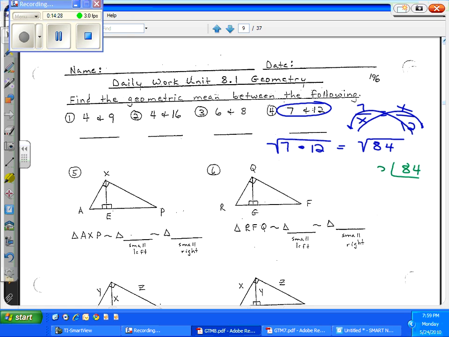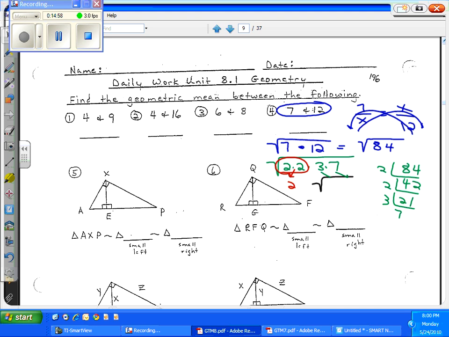Let's look at it. 84 divided by 2 is 42. Divided by 2 is 21. Divided by 3 is 7. We would rewrite it as the product of its primes: 2 times 2 times 3 times 7. We've got a pair of 2's. We make a new radical. From the set of 2's, we bring out a 2.